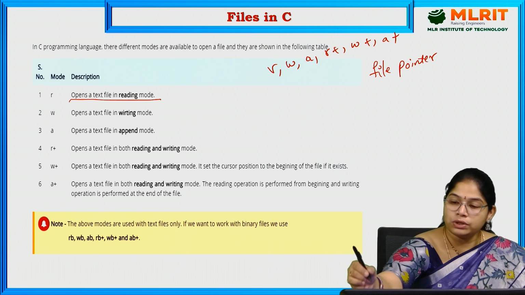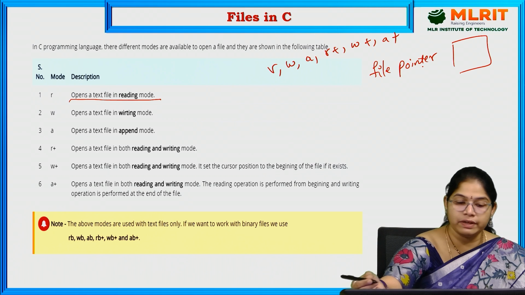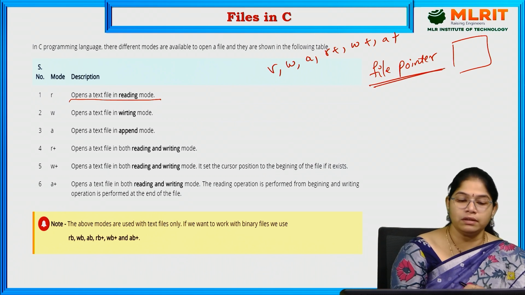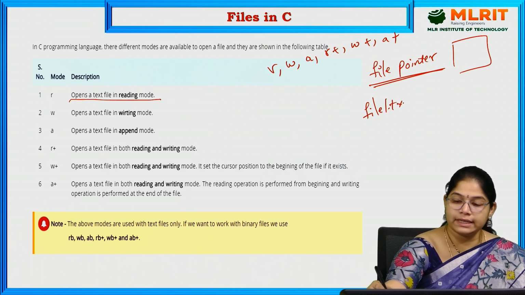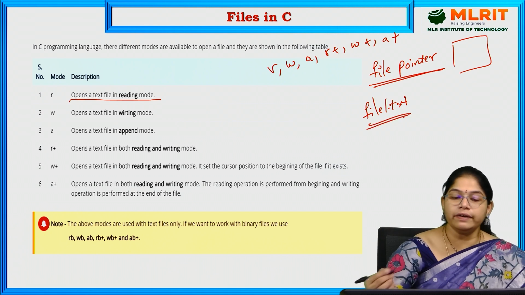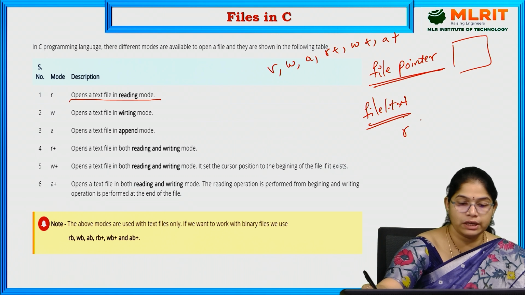So it is stored in memory, and that is why we need a pointer. A pointer has the property of storing an address. So we need a file pointer to fetch the file. Let us suppose file1.txt. If I want to open this particular file in read mode, to read that file, then the mode used here is r.